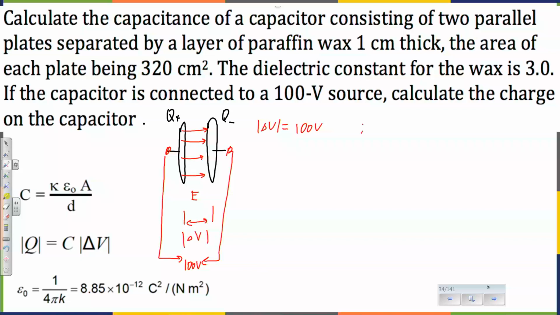And since we know all parameters, dielectric constant of wax 3. This is 8.85 times 10 to the negative 12. Area.